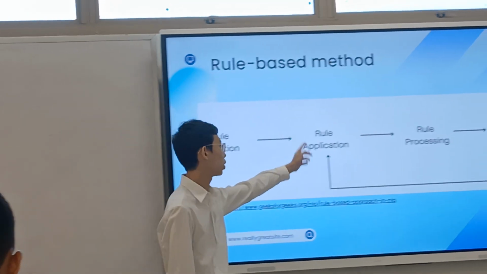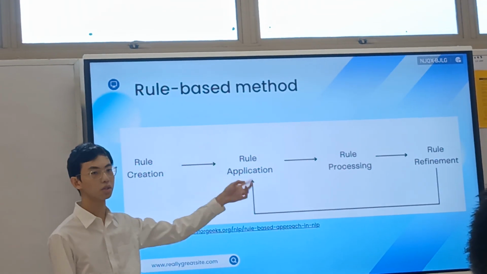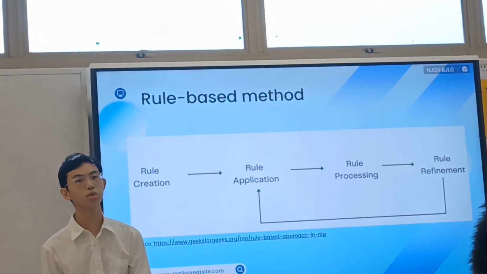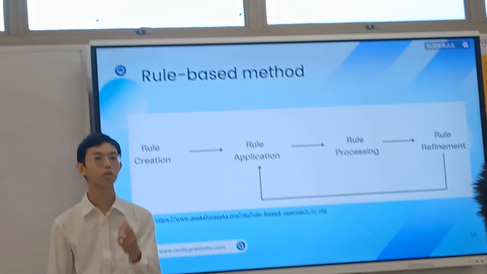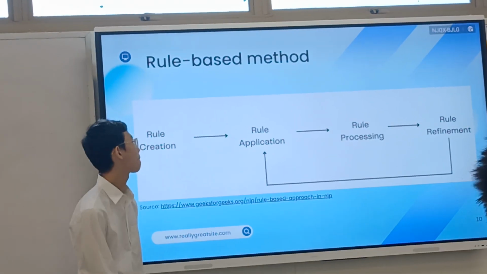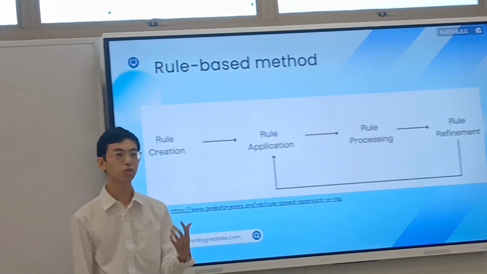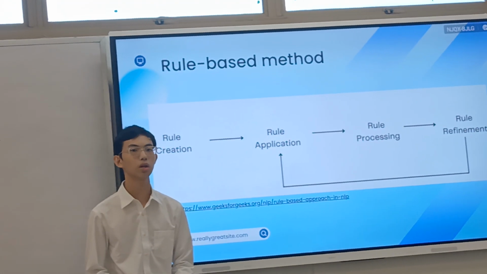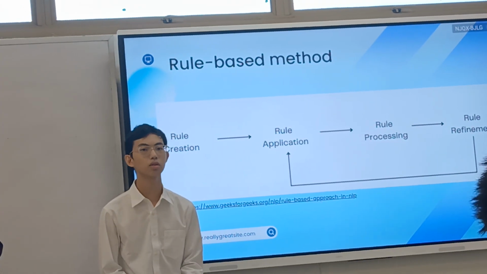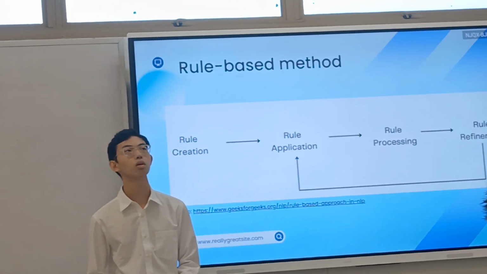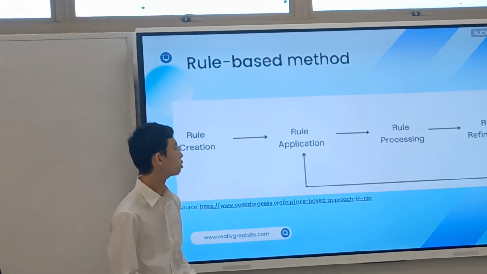And next, rule application. Literally just apply the rules we set to the input data. Rule processing. Computers produce output according to our instruction, like summarizing, extracting text, or translating.